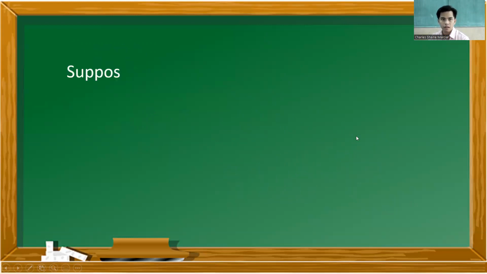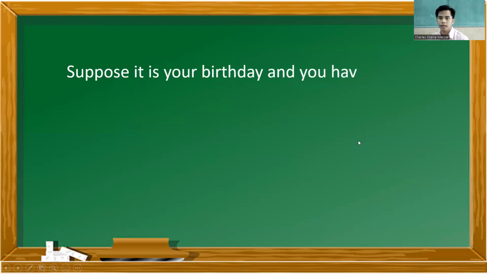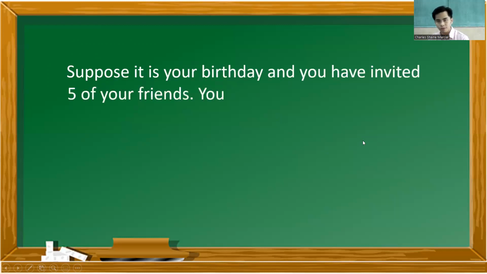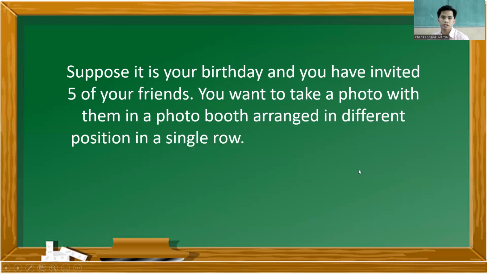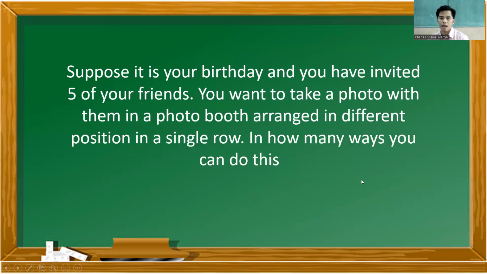Right? So suppose it is your birthday and you have invited 5 of your friends and you want to take a photo with them in a photo booth arranged in different positions in a single row. Okay, so in how many ways can you do this? Okay, so we have various worded problems about permutations. So we will just identify kung alin ba yung given na objects natin. So we have 5 of your friends. So ibig sabihin kasama ka.